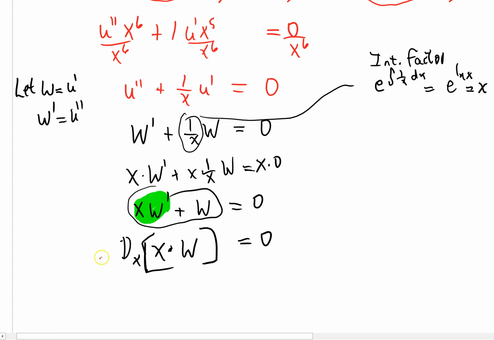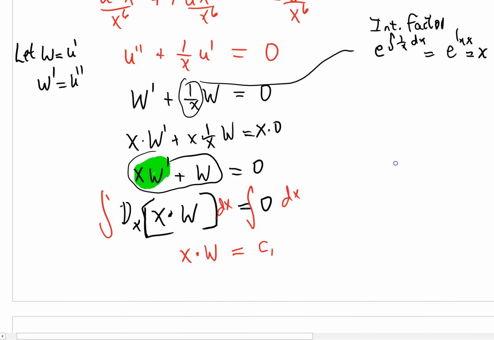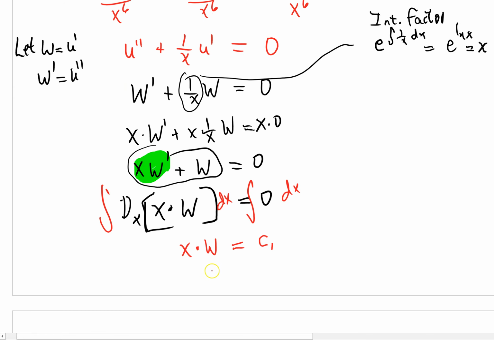Well, once you see this as an integrating factor, then you can integrate both sides with respect to x. This will leave you with an xw. The antiderivative of 0 is just some constant. We could write it like that. And tell you what, right now this w, we could say is really some constant all over x.